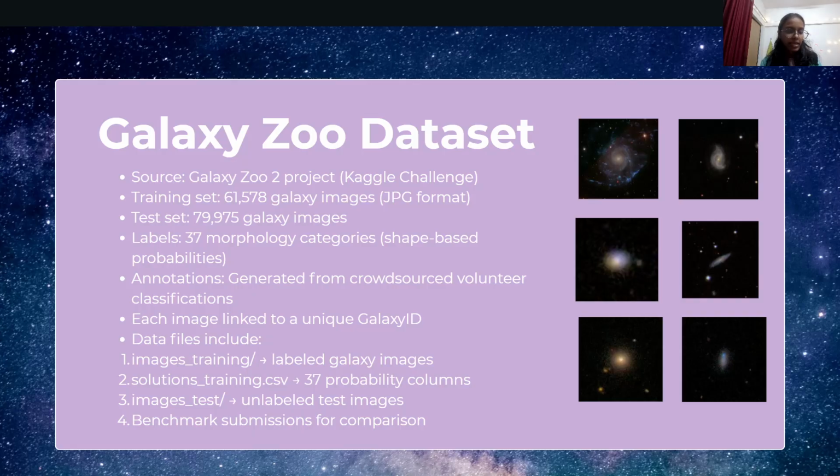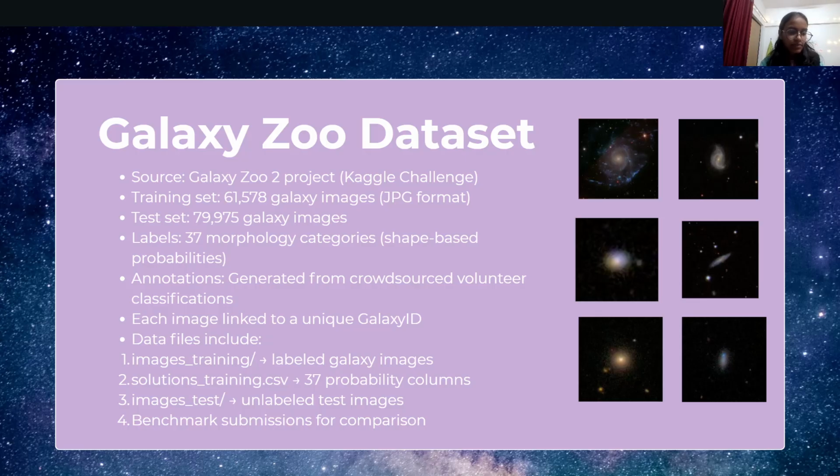We worked with two main subsets: the training set, which contains around 61,578 labeled galaxy images in JPG format, and the test set, which has around 79,975 unlabeled images. Each image is annotated with 37 morphology categories, which are basically probabilities that describe the galaxy's shape, things like whether it's smooth, has features, edges, or spiral arms.